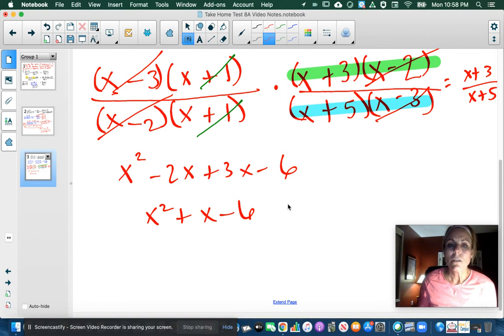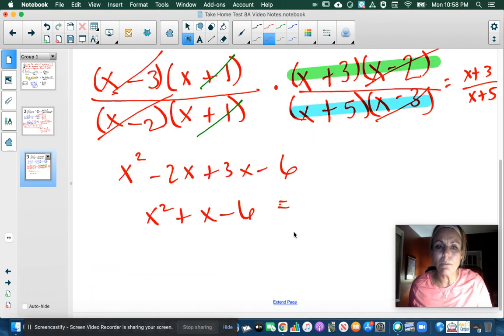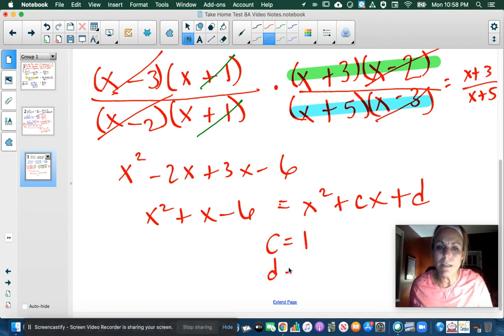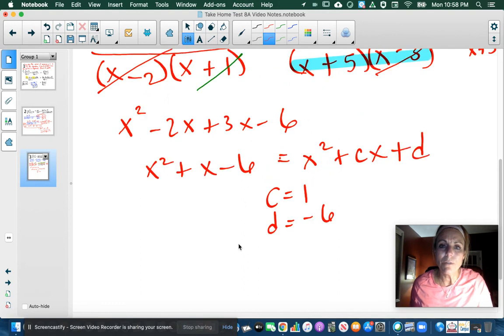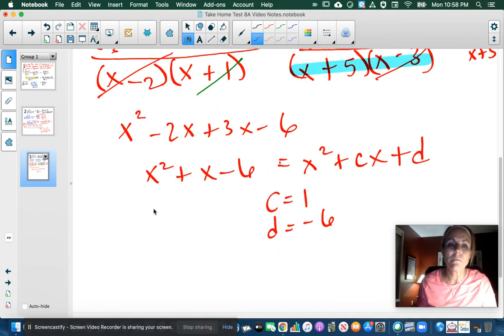Okay, so that equals the numerator, which was x squared plus cx plus d. X squared plus cx plus d, which says that c is 1 and D is -6. In the denominator, we have to FOIL the x plus 5 and the x minus 3.